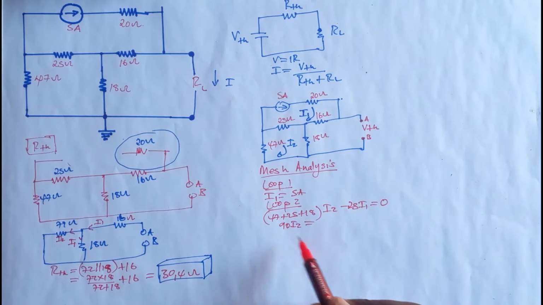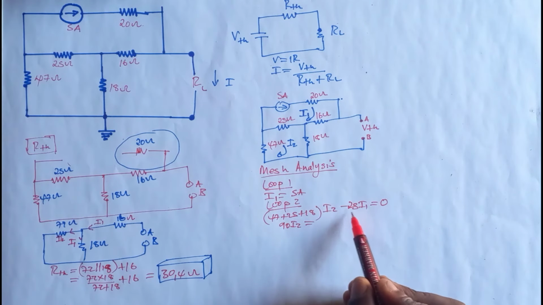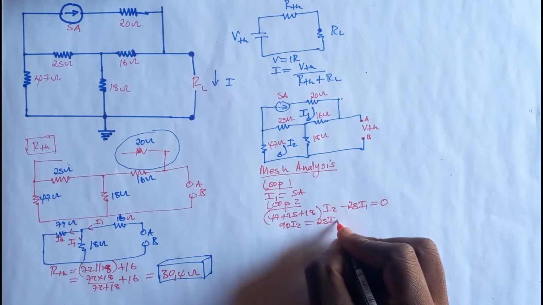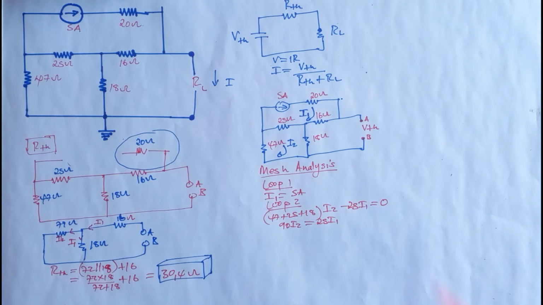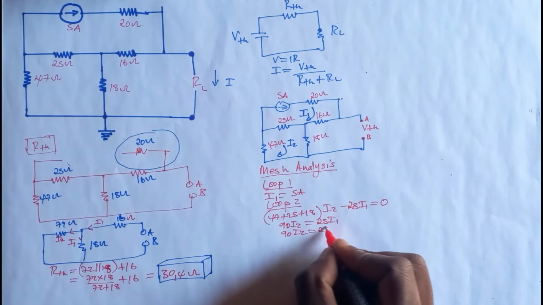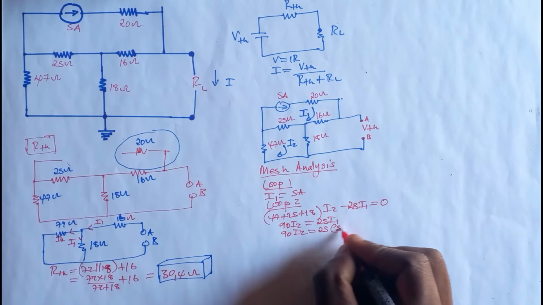So we have 90 I2, and if we add 25 I1 on both sides, we get 25 I1. But we know that I1 is 5, so 90 I2 is going to be 25 times 5 amps.